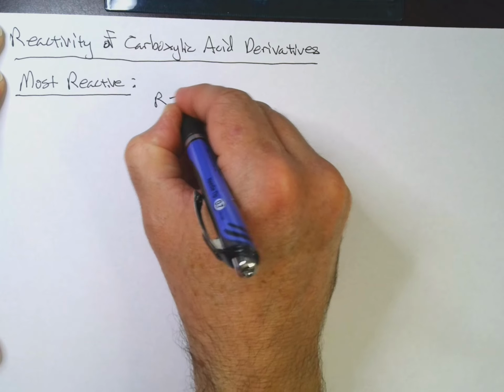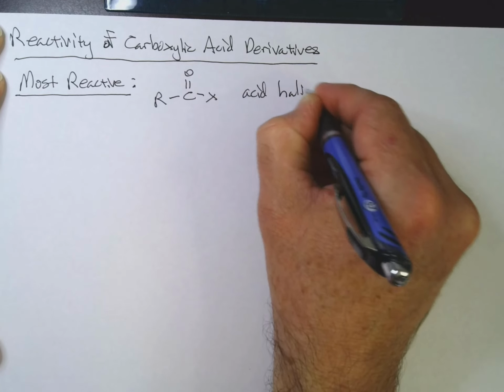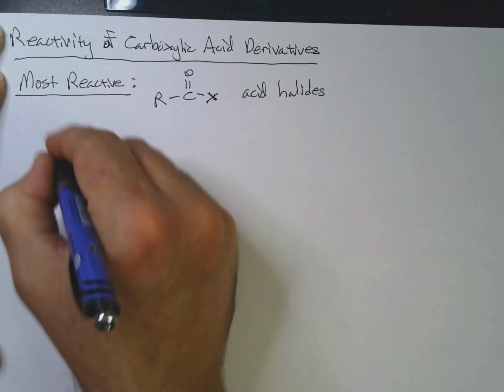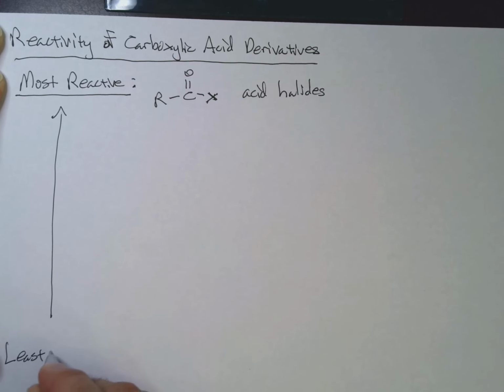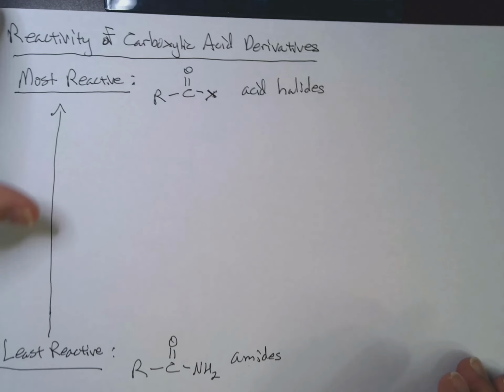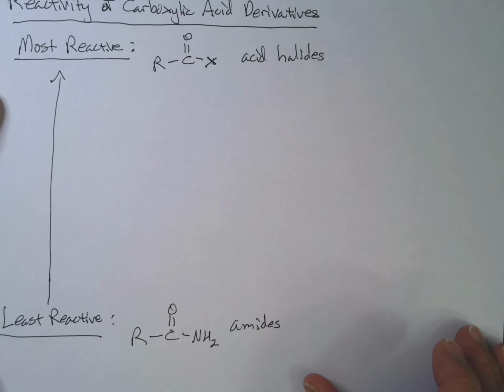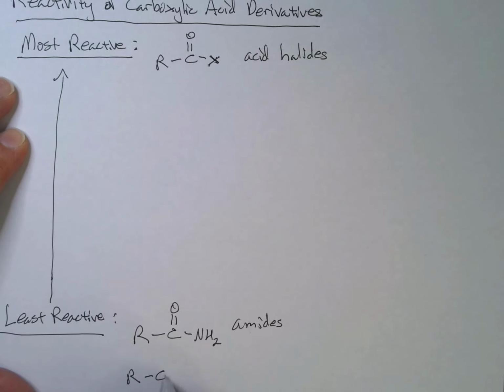Is our R, C, double bond O, X, acid halides. Down at the bottom, our least reactive is going to be our amides. Okay, and technically, I mean, I would say probably a carboxylate is actually going to be the least reactive. So let's throw that in here.